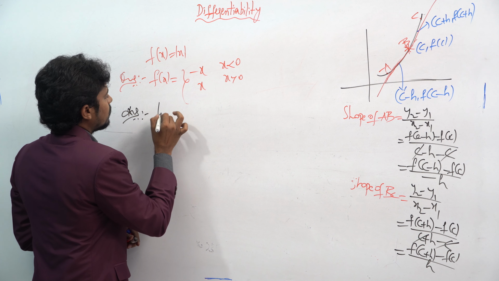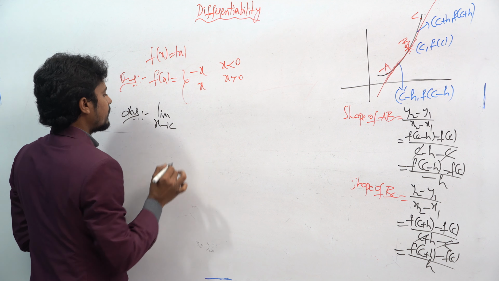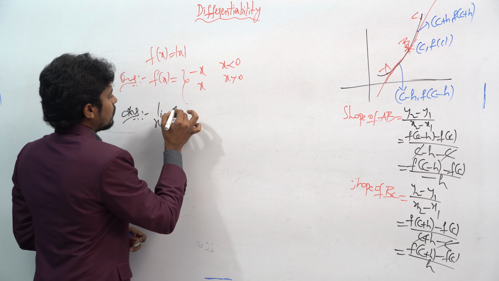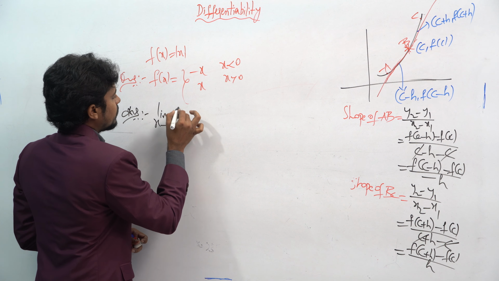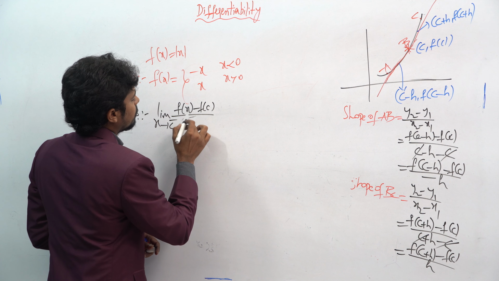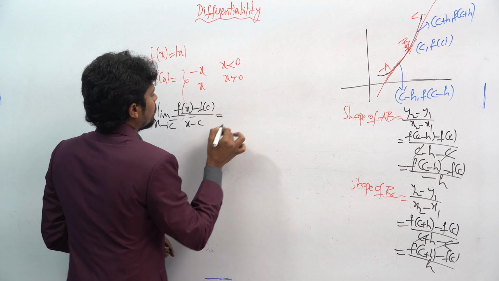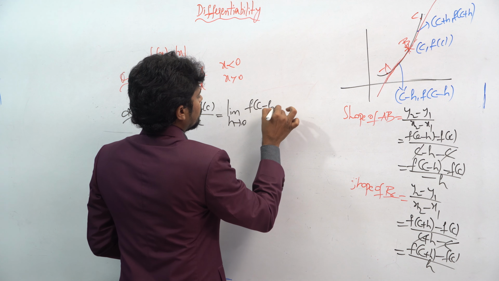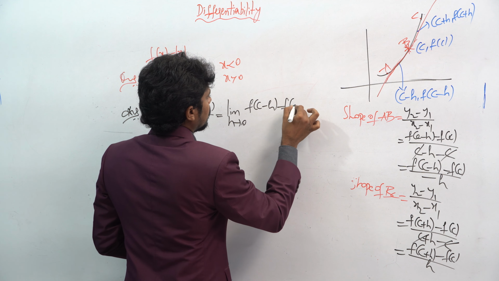This will be the limit x tends to c minus, f of x minus f of c divided by x minus c. So that is the limit h tends to 0 of f of c minus h minus f of c divided by c minus h minus c. Here plus c minus c will get cancelled.